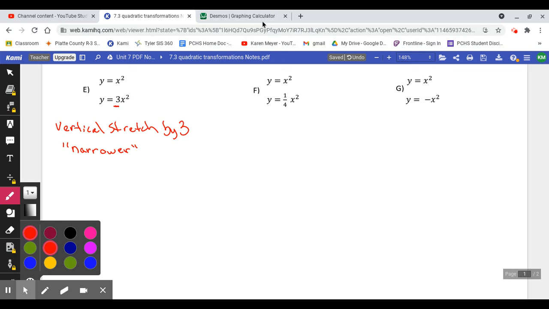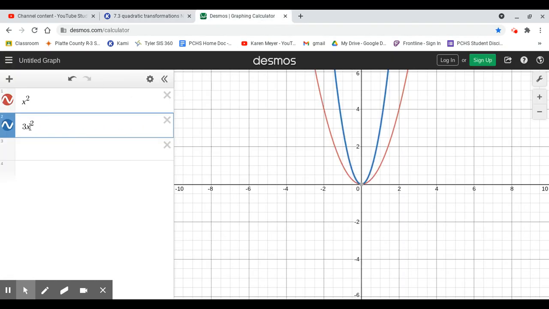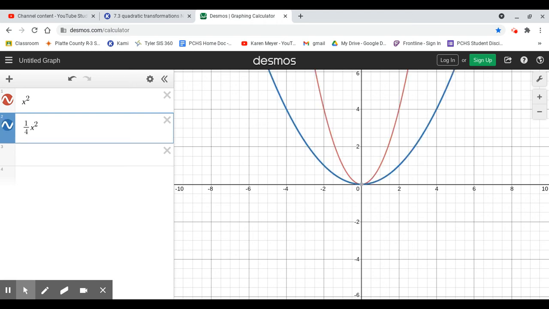Okay, so now let's change the number in front of that to 1/4. And this time, instead of being inside the picture, you're going to notice it's outside the picture.